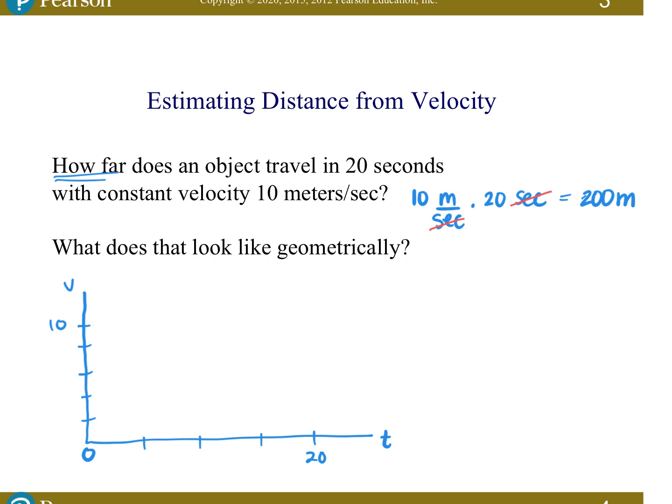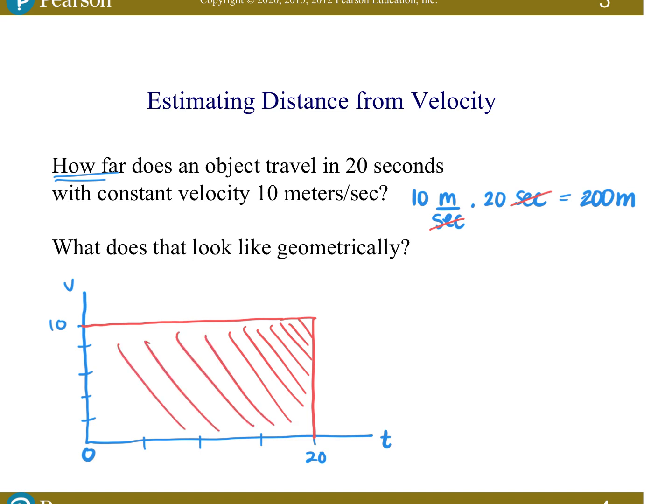What happens there is with a constant velocity straight out over the course of time, we end up with the shape of a rectangle. Geometrically, that rectangle has dimensions 20 by 10.